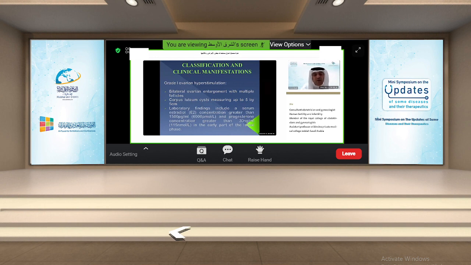The laboratory findings include serum estradiol concentration greater than 1,500 and progesterone concentration greater than 30 nanograms in the early part of the luteal phase. We have three categories here: bilateral enlargement, corpus luteal cysts of 5 centimeters, and the creeping up levels of estradiol as well as progesterone.